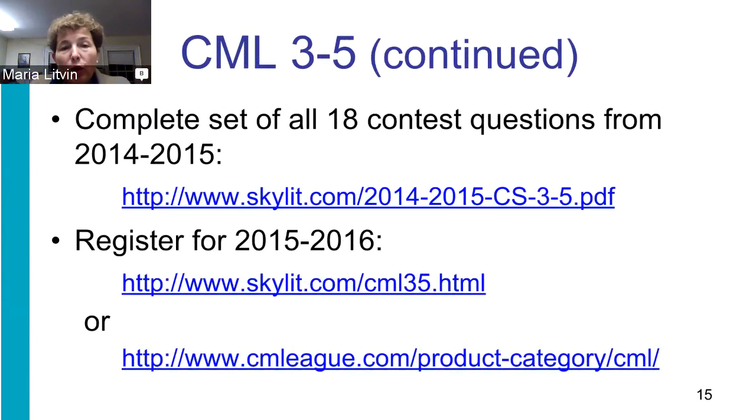So these 18 contest questions, there are 6 in each meet, 6 times 3 is 18, from last year, are located, as you see, at skylit.com. They're good to use with kids who, for example, finish some of your puzzles.